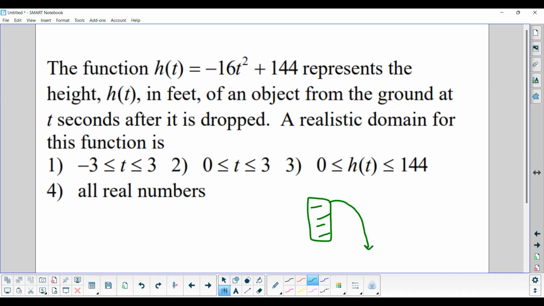And if we're thinking about this as a graph, this is your input, this is your output, right? This is your X and this is your Y. The number inside the parentheses is the X. So this is time. And that makes this one height.